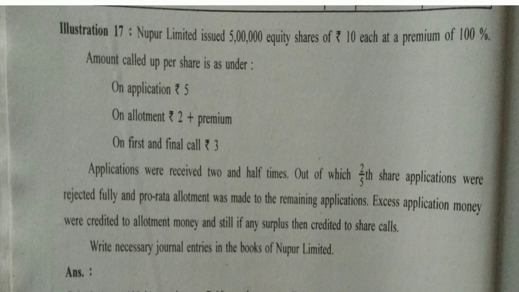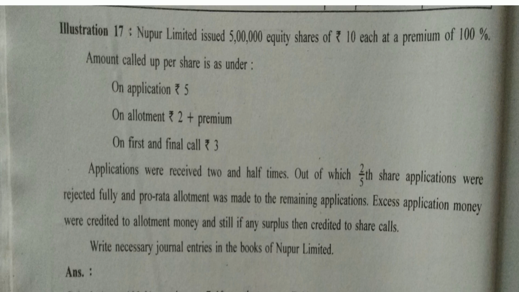Excess application money were credited to allotment money, and still if any surplus then credited to share calls. I've already explained this, that always in the case of pro rata allotment of shares, instead of refunding the amount, it is kept as advance of allotment. And further, if the amount is still in excess, then it is to be credited to calls.